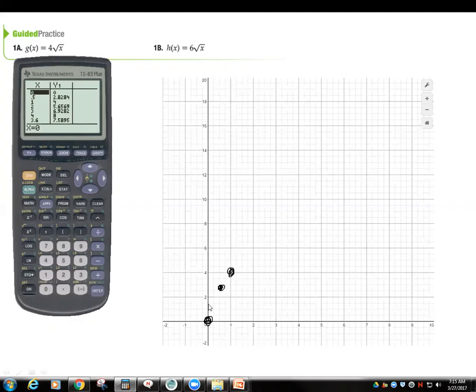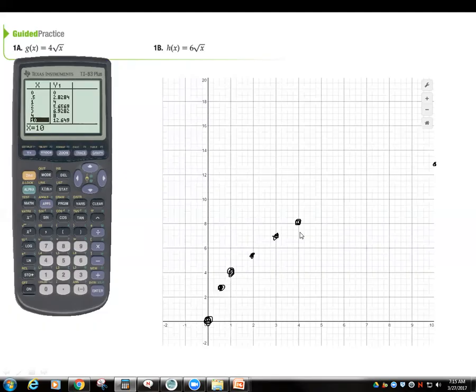Then 2, 5.6. 2.5 is right between 4 and 6, and 5.6 would be like halfway again, so right there. 3 would go to almost 7, so right about there. 4 goes to 8. And let's do 10. 10 would be 12.6, so right about there.